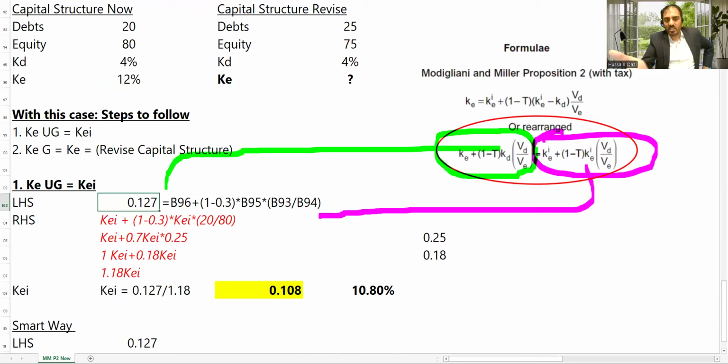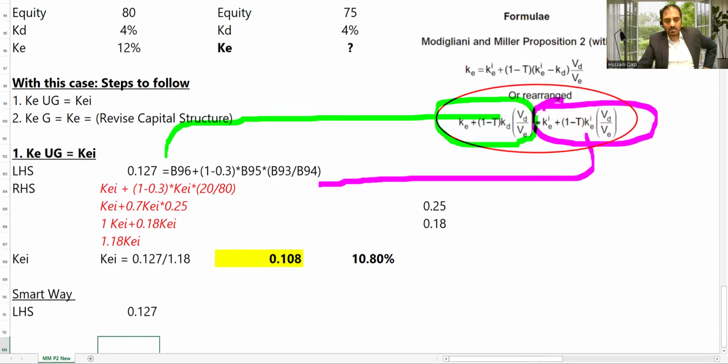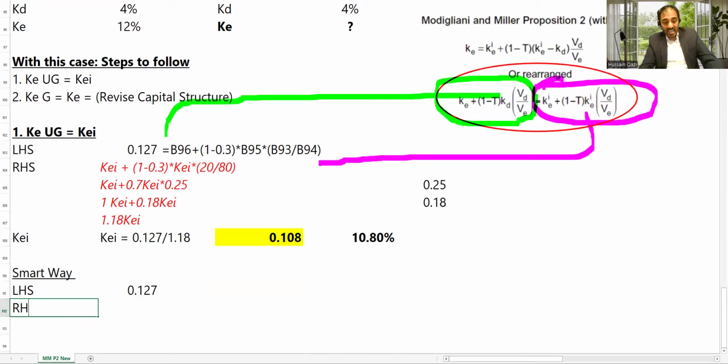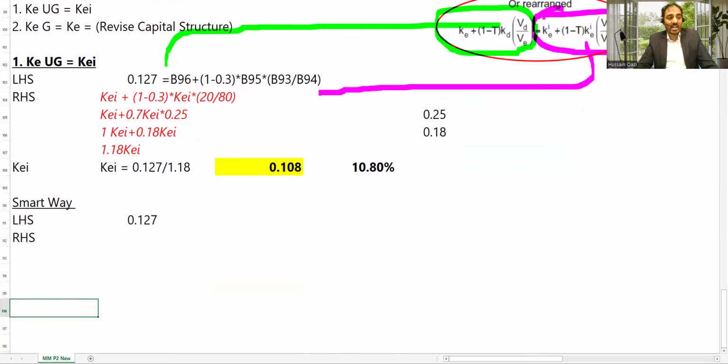Just use the cursors. It is equal to B96, that is K, plus (1 minus 0.3) multiplied by B95, that is KD, multiplied by B93 divided by B94, that is 20 over equity. That's all. The same you can apply for the right hand side.